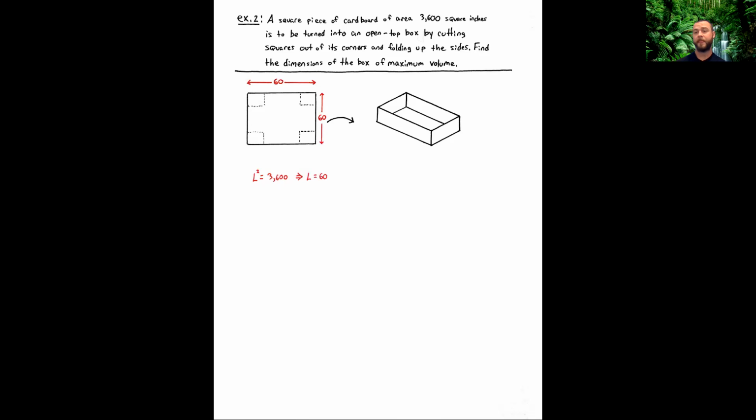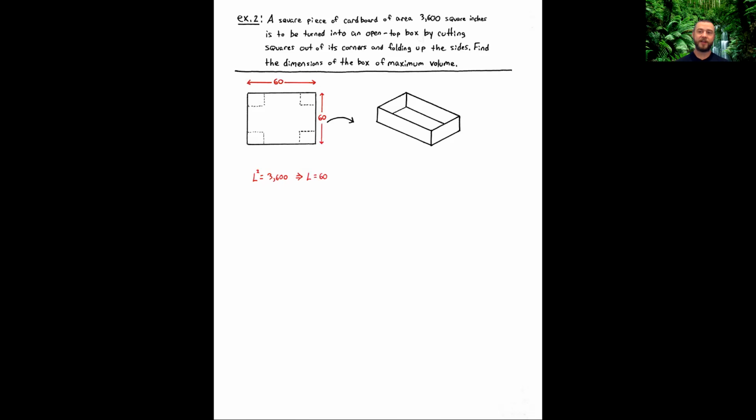Take the square root of 3,600 would be just 60. Might be easier to think square root of 36 is 6, and then tack on an extra 0. All right, so what we find for our sketch is that total side length is 60 inches. All right, that's going to play a role at some point.